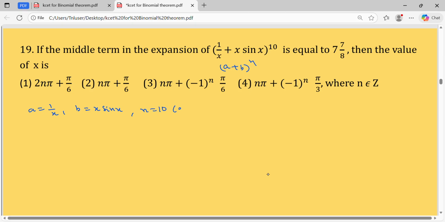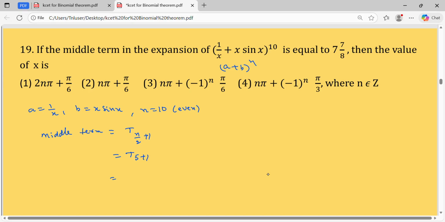Now see, n equals an even number. If n is an even number, the middle term is T n by 2 plus 1, that is 10 by 2 plus 1, T5 plus 1.